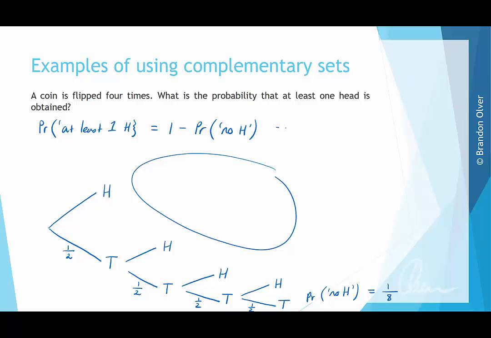So we can finish up our working up here and say that it's 1 minus 1 over 8, which equals 7 over 8. That is the probability that at least one head is obtained, and we've worked it out by basing it on the fact that we can just do 1 minus the probability of no heads being obtained, and that will give us the same thing.